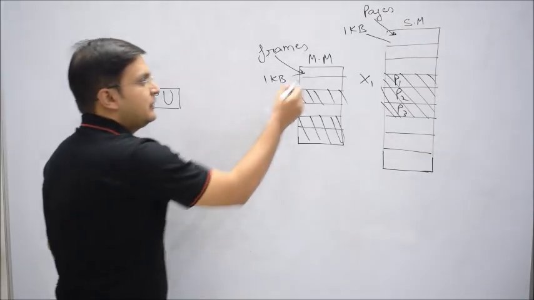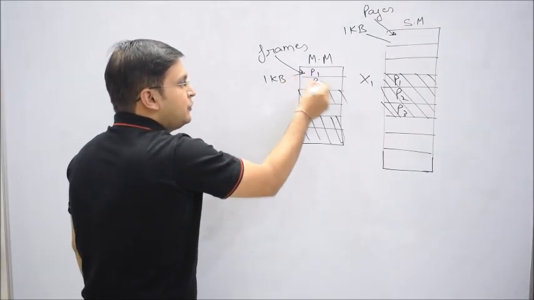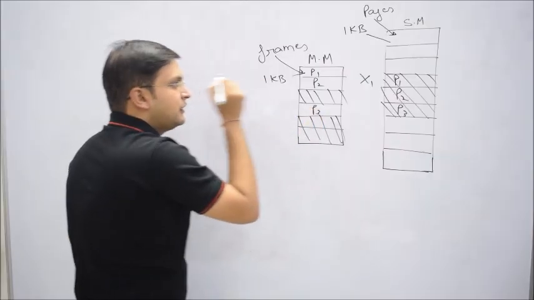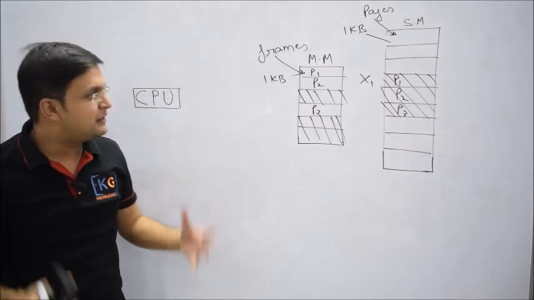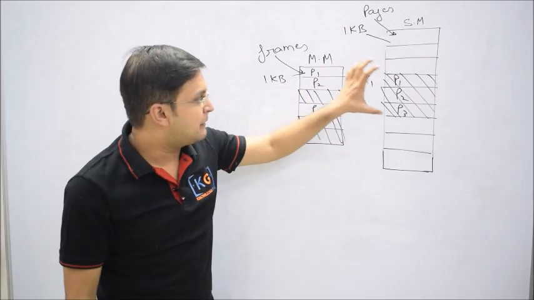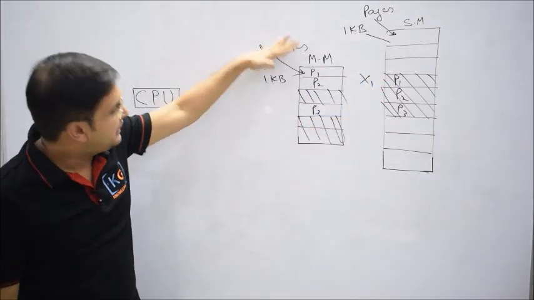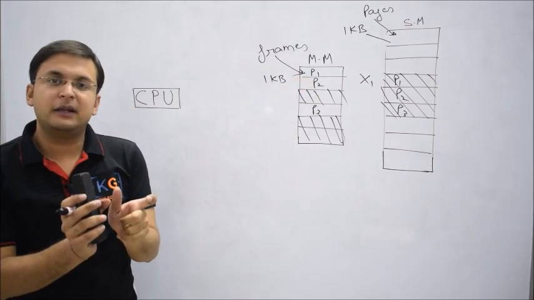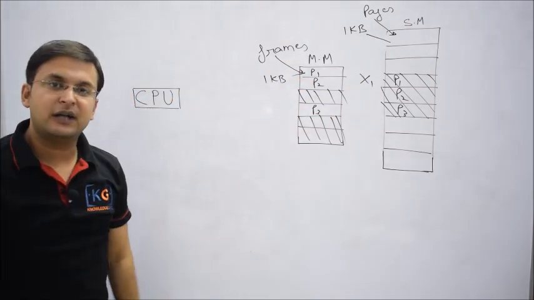So now let me say page number 1 goes here in this frame, page number 2 goes here, and page number 3 goes here. And that is the beauty of non-contiguous allocation. Now it means what? If you have a process which is divided into pages, wherever I find an empty frame, we can pick that page and put it into that frame.